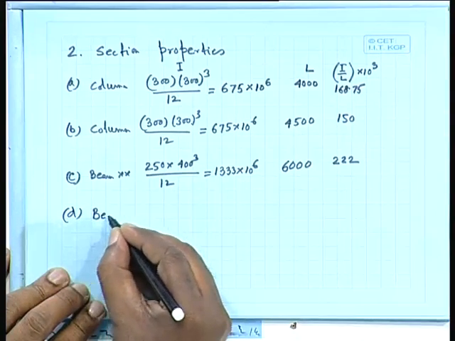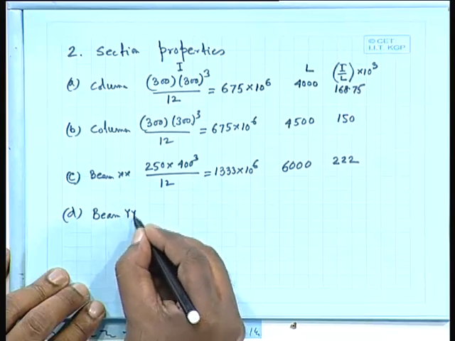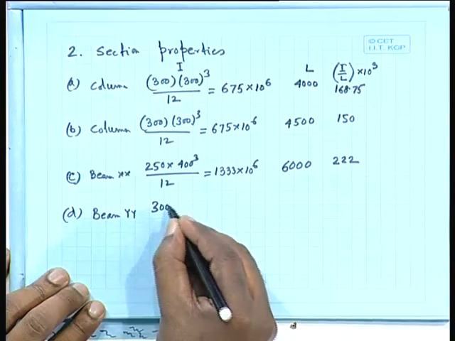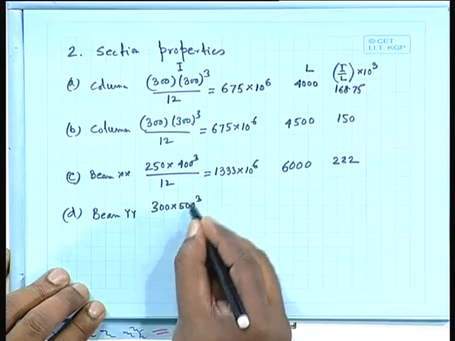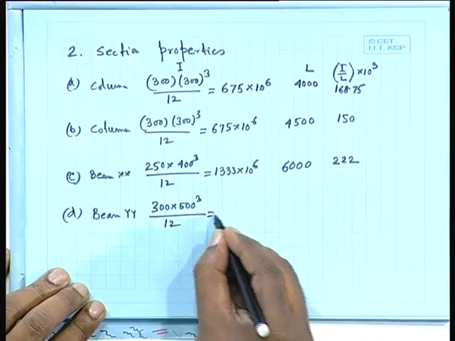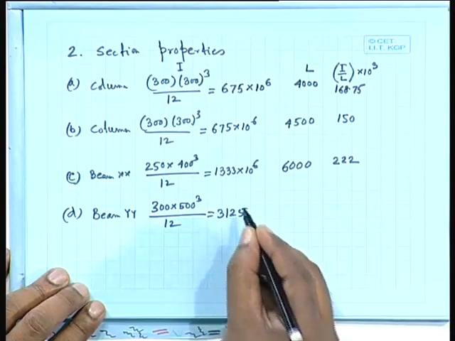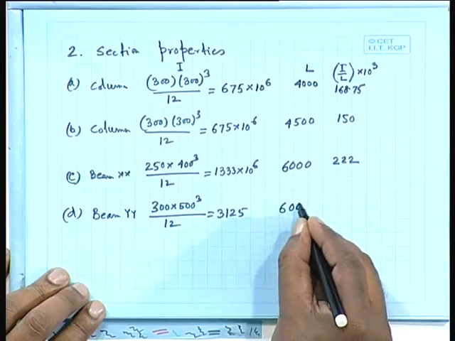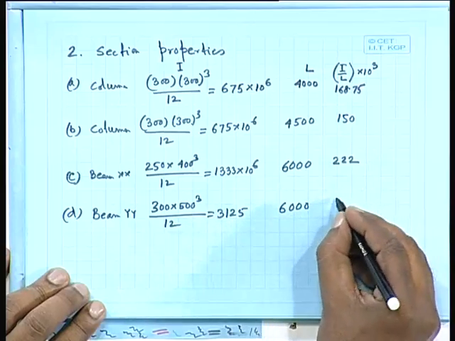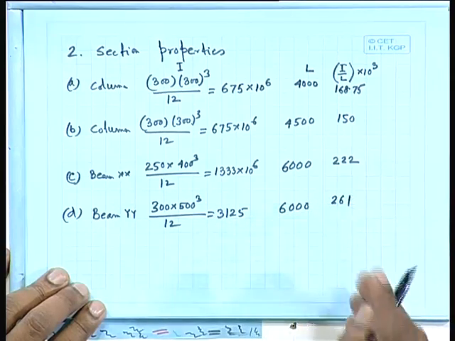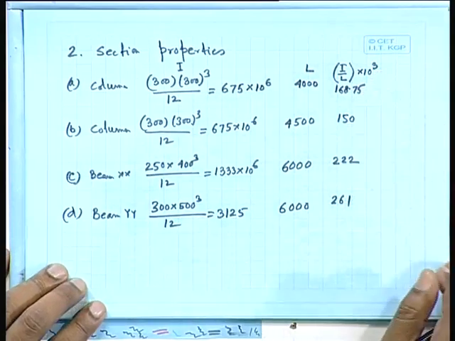Beam YY, that means along YY, that is 300 into 500 cube by 12 equal to 3125, and length same 6000, and we get it 261. So, 261 into 10 to the power 3.